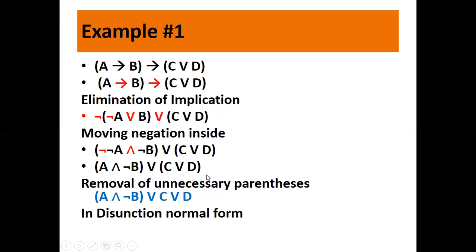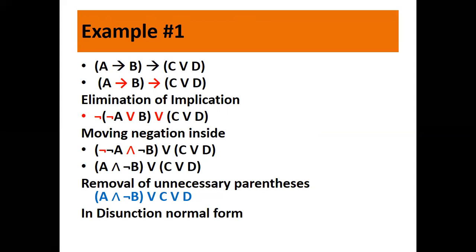After removal of unnecessary parentheses, you get A and not B or C or D. If you look at this statement carefully, it is in disjunctive normal form. Here you can see conjunctives connected using the disjunctive operator. So this statement is in disjunctive normal form.